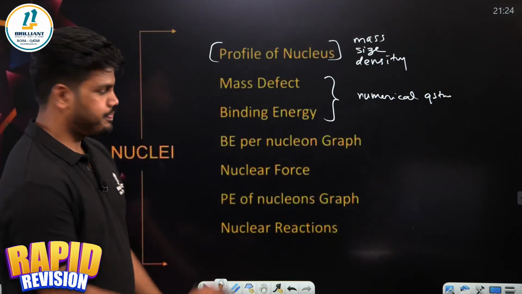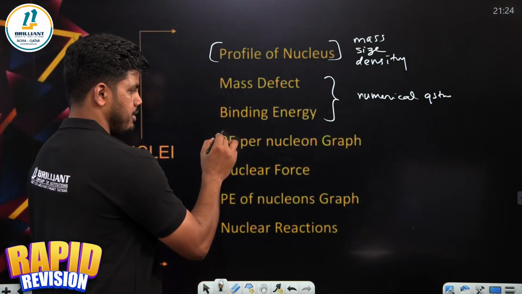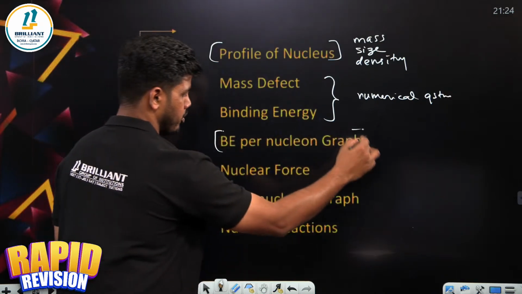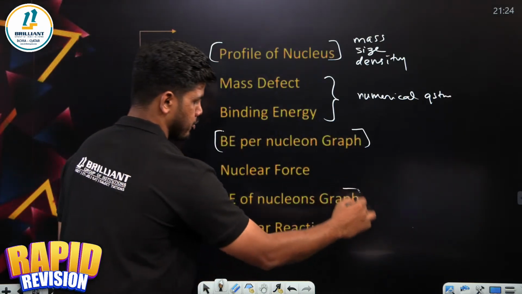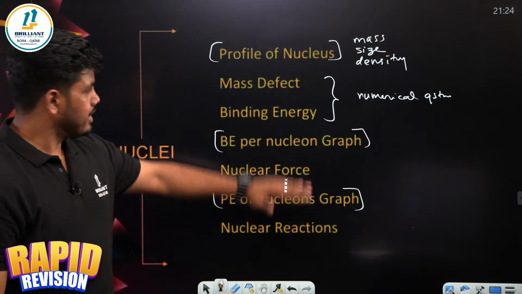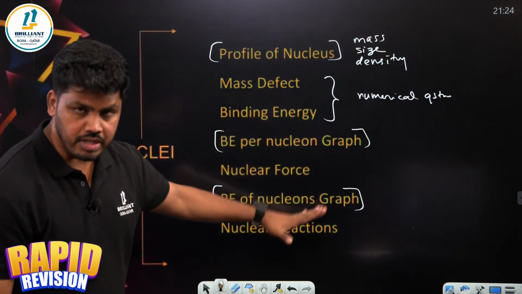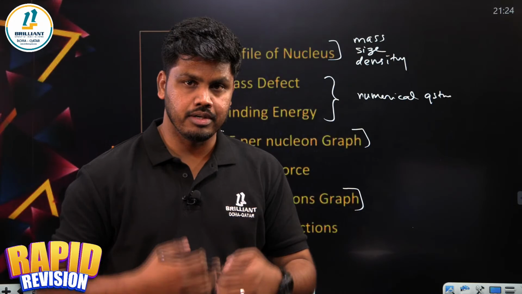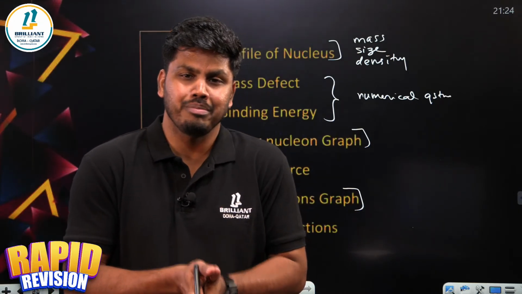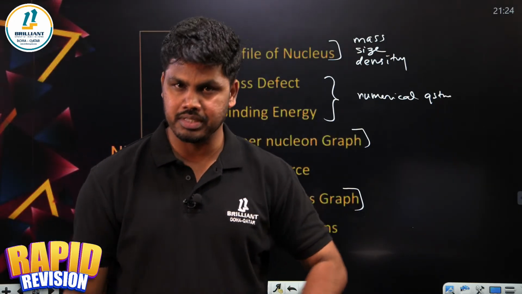For that 3 marks, you have to just make sure of the binding energy per nucleon graph and the potential energy per nucleon graph, right? Their expression, those graphs, and the conclusions or observations you can make from those graphs. These questions are repeatedly coming.